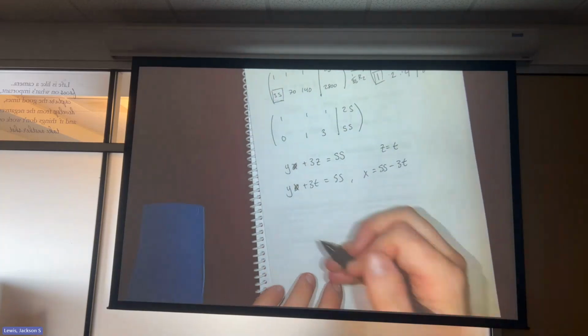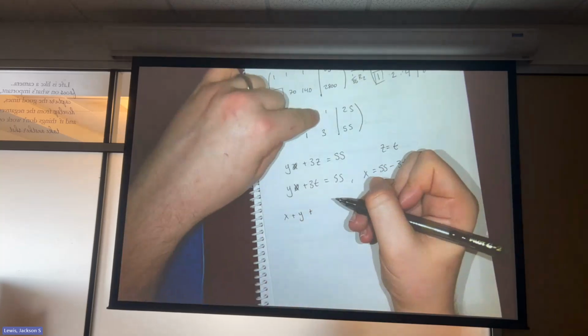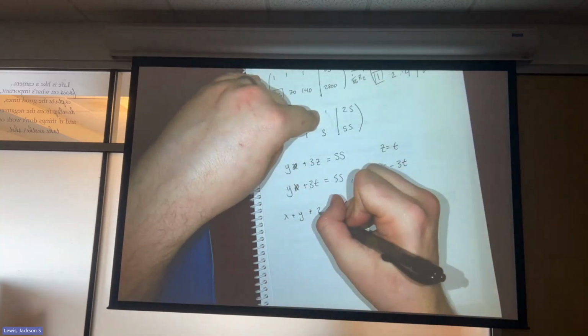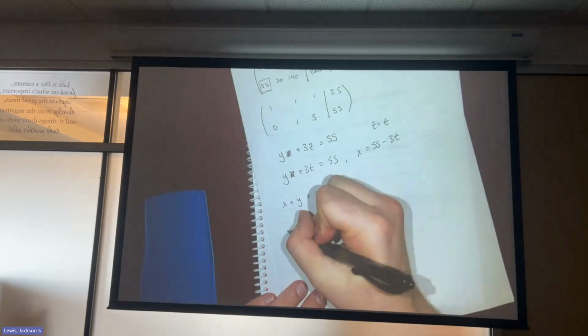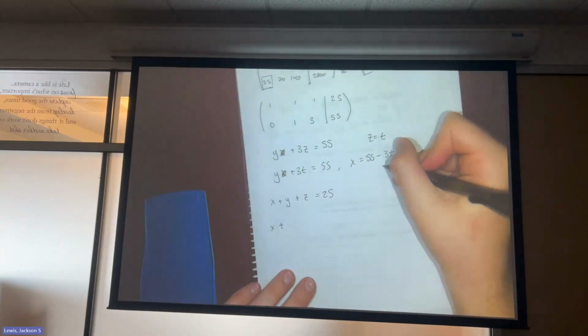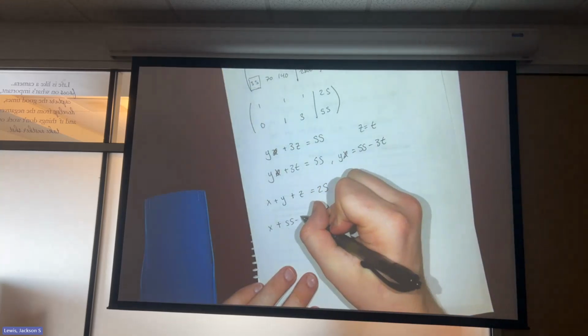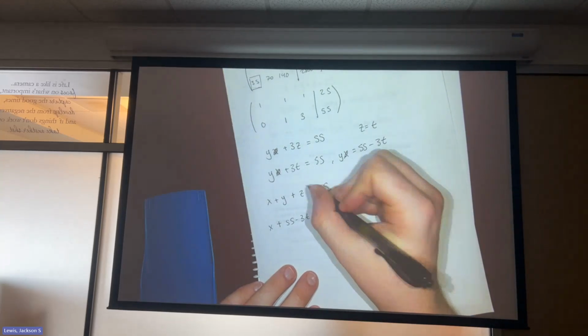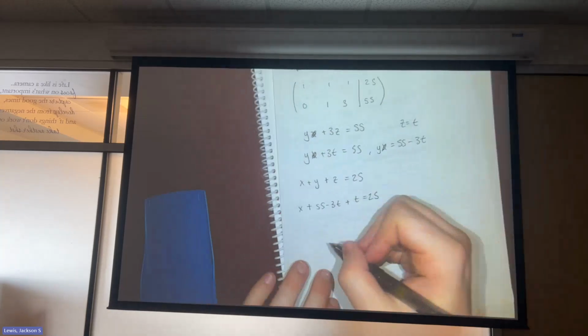So then this top one says that x plus y plus z equals 25. So x plus, and this is y, 55 minus 3t plus z, which is t, equals 25.